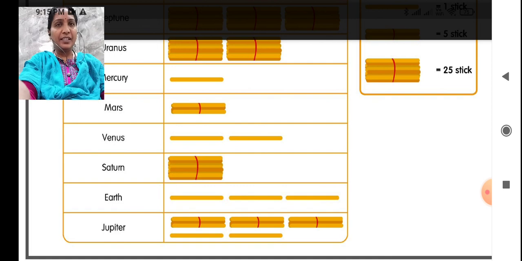Okay? Fine. Now we will discuss the activity. What order you had given to the planets, and is it the same for you and for your friend? We'll see now.